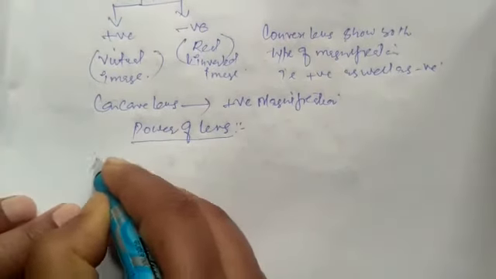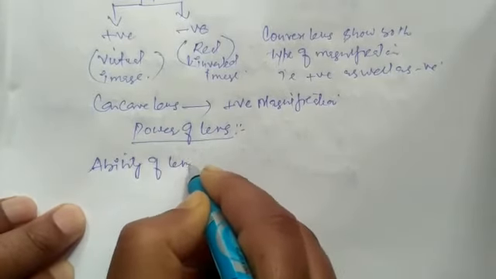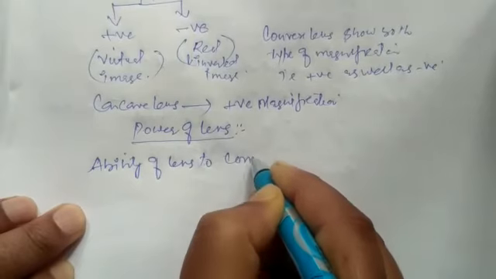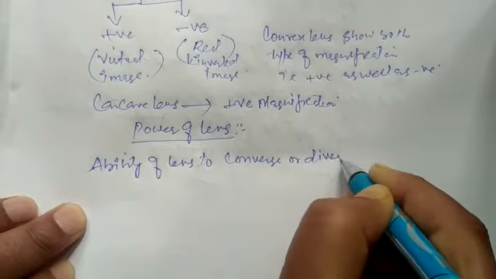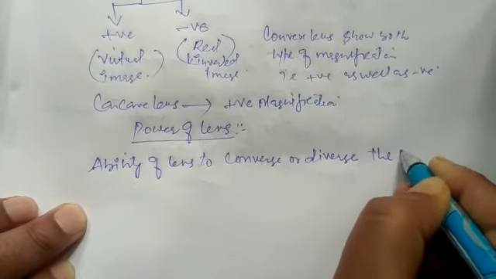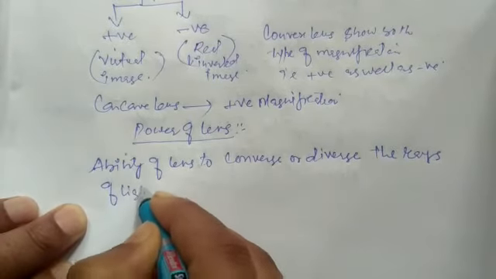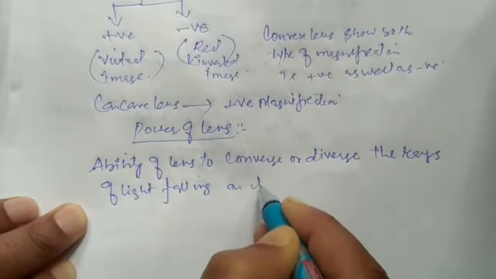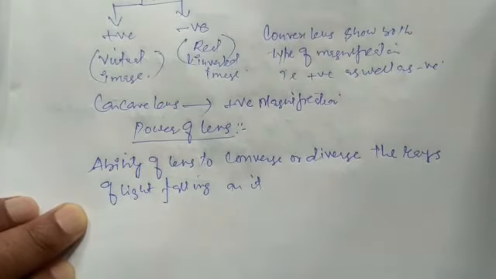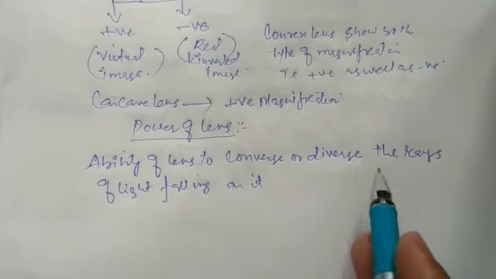So power is the ability of a lens to converge or diverge the rays of light falling on it.